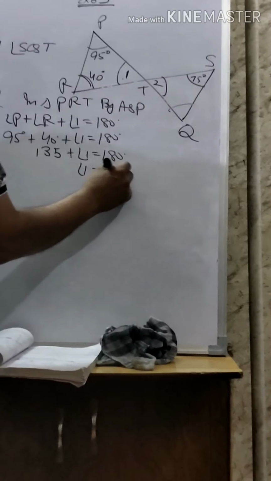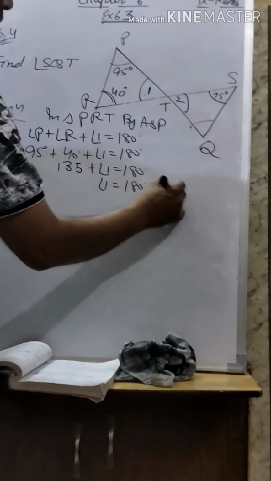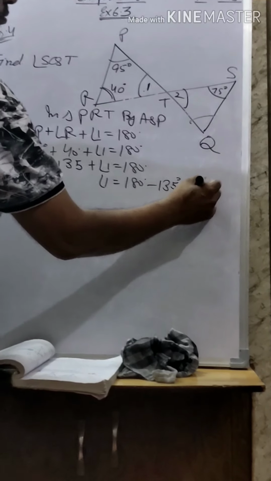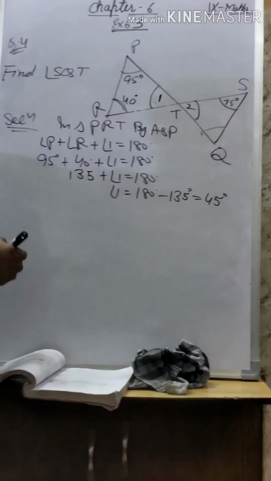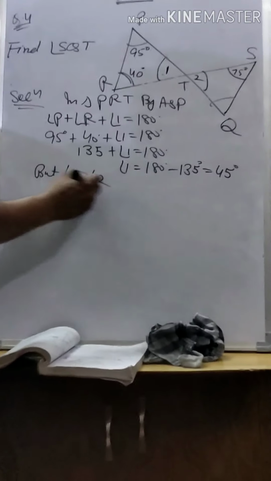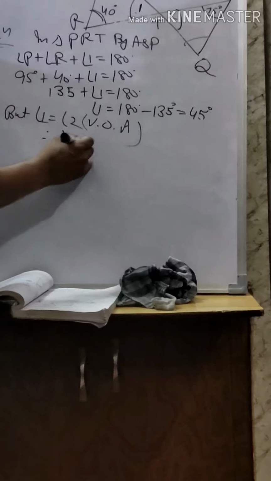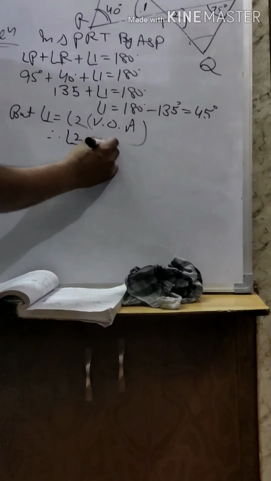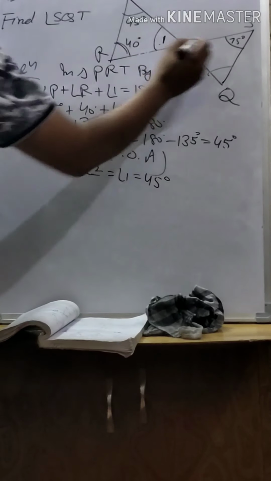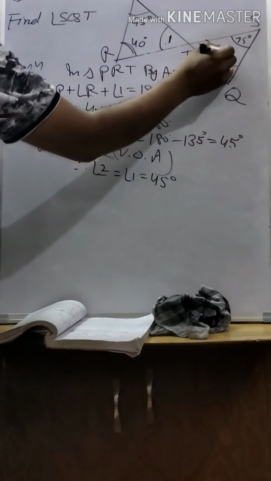So angle 1 is equal to 180 minus 135, that is 45 degrees. But angle 1 is equal to angle 2, these are called vertically opposite angles. One we have proved. So therefore angle 2 is equal to angle 1, which is 45 degrees. So this angle is 45 degrees.